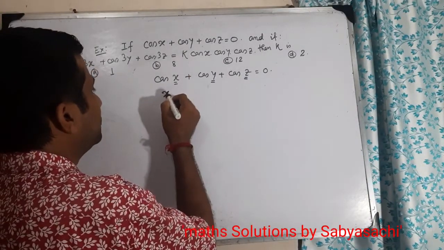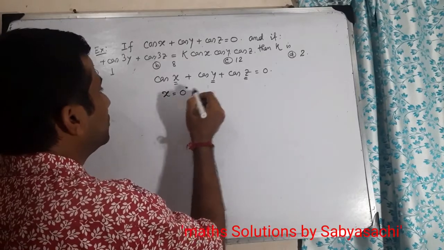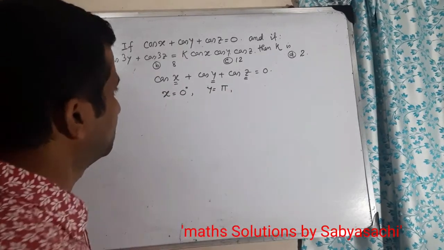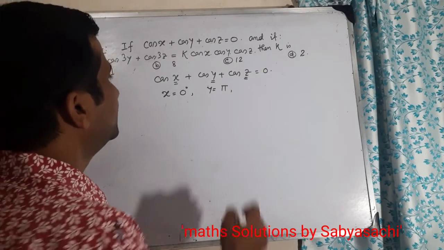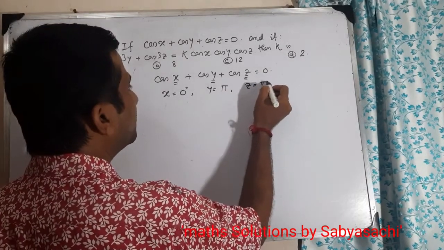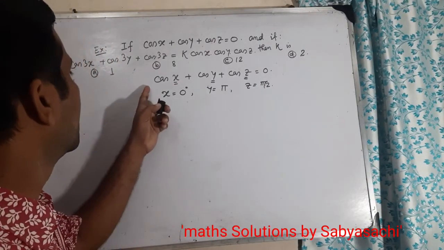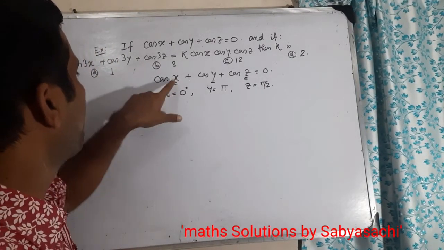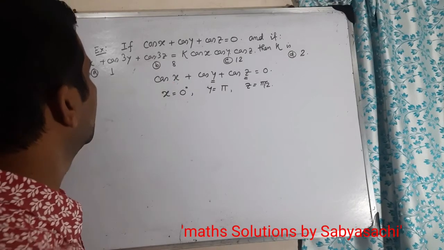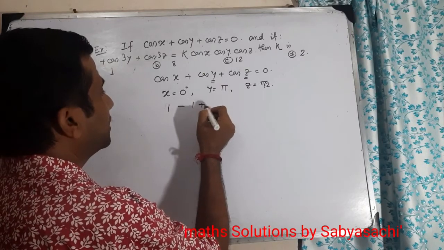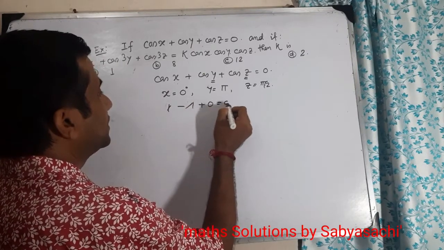At first you take x is equal to 0 degree, y is equal to pi and z is equal to pi by 2. Then cos 0 means 1, cos pi means minus 1 and cos pi by 2 means 0. That means this is equal to 0.